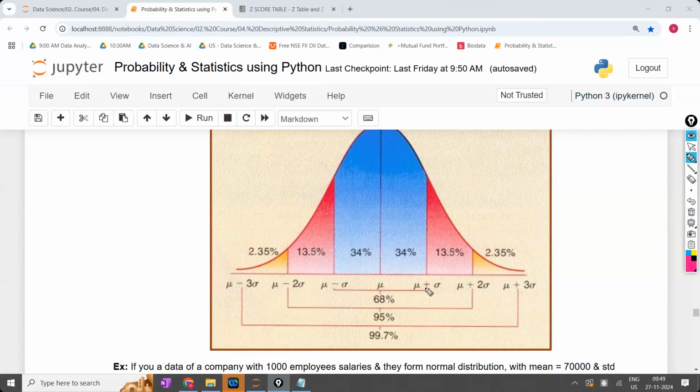So from minus 1 sigma to plus 1 sigma, the probability is 68%, which is 0.68. From minus 2 sigma to plus 2 sigma, that is the reason I asked you to complete this in your earlier problem. Whatever you have taken, 60 is the mean, then 70, 80, 90, 50, 40, 30.